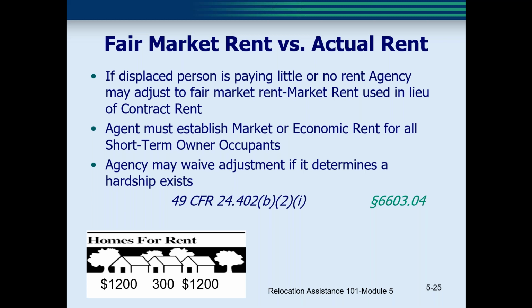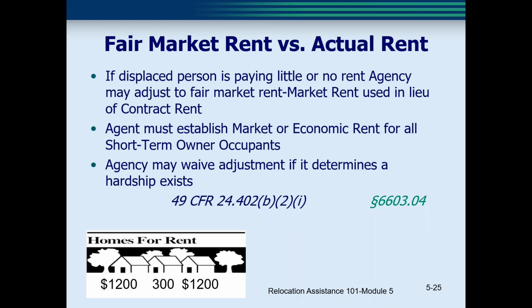Now, market rent or economic rent will be discussed in more detail in Relocation Tour 1. But the important thing to remember right now is they're really the same thing. Whether you call it fair market rent or economic rent, they're one and the same.